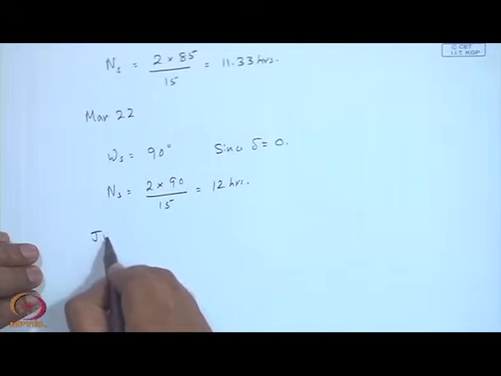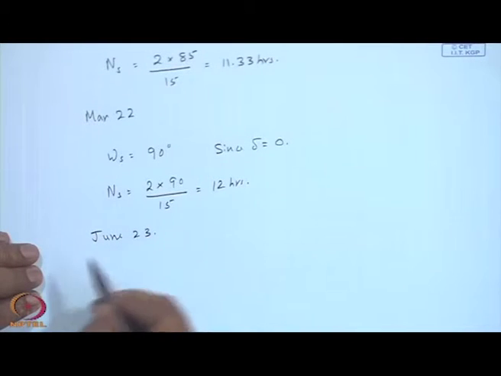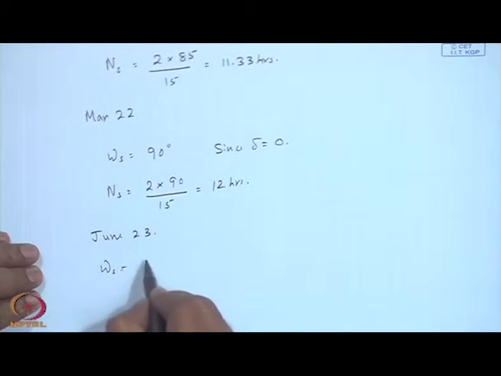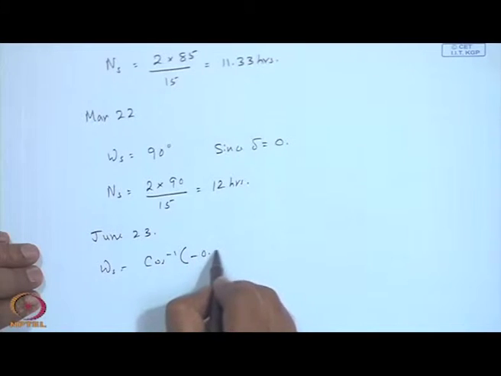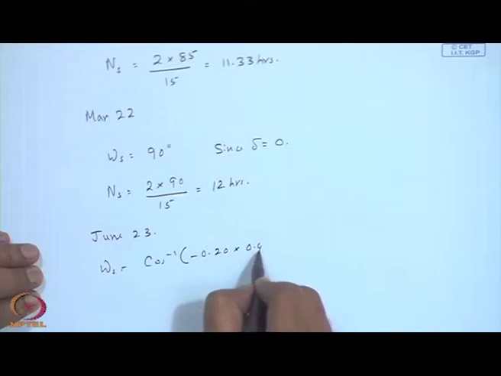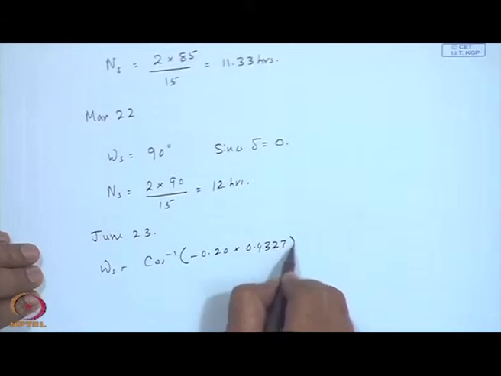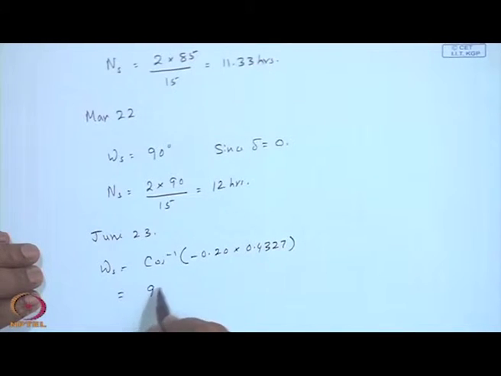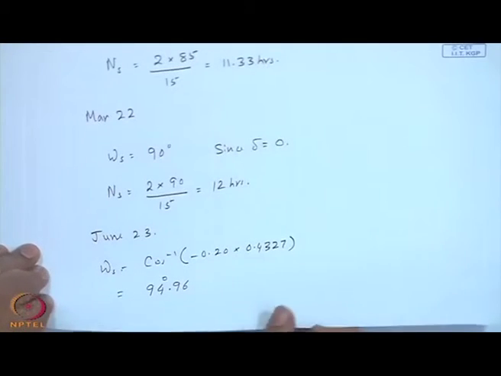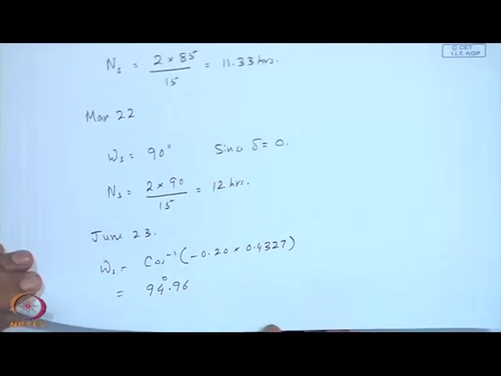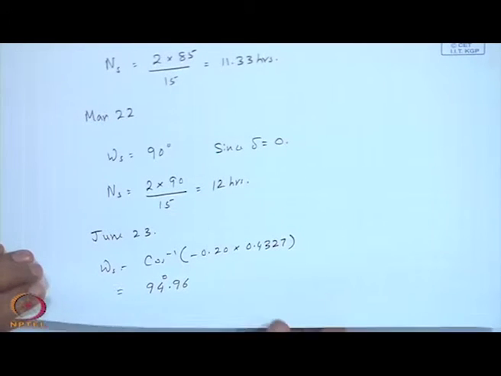And June 23, so omega s will be cos inverse of minus tan latitude times tan delta, positive now, that should be equal to 94.96 degrees. You will find this is about 4.96 degrees higher, and the previous one is 4.96 degrees lower than 90.